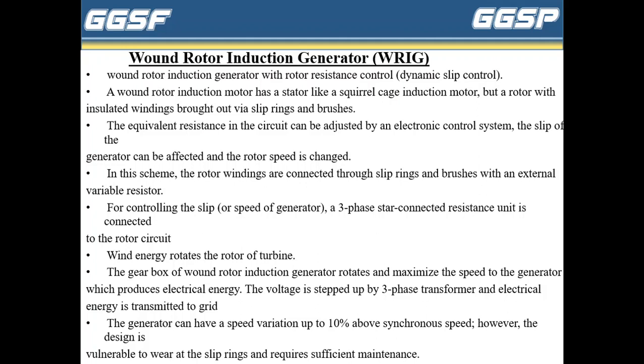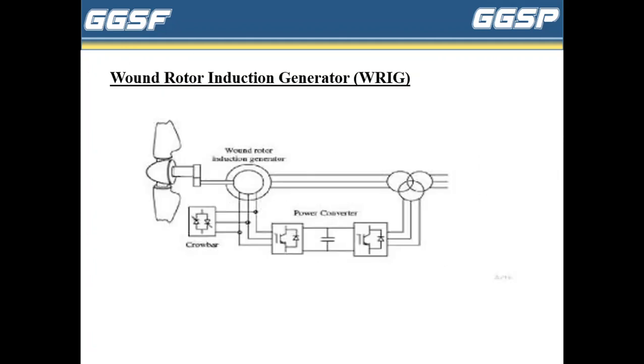The gearbox of the wound rotor induction generator rotates and maximizes the speed of the generator, which produces electrical energy. The generator can have a speed variation up to 10% above synchronous speed. However, the design is vulnerable to wear at slip rings and requires sufficient maintenance.